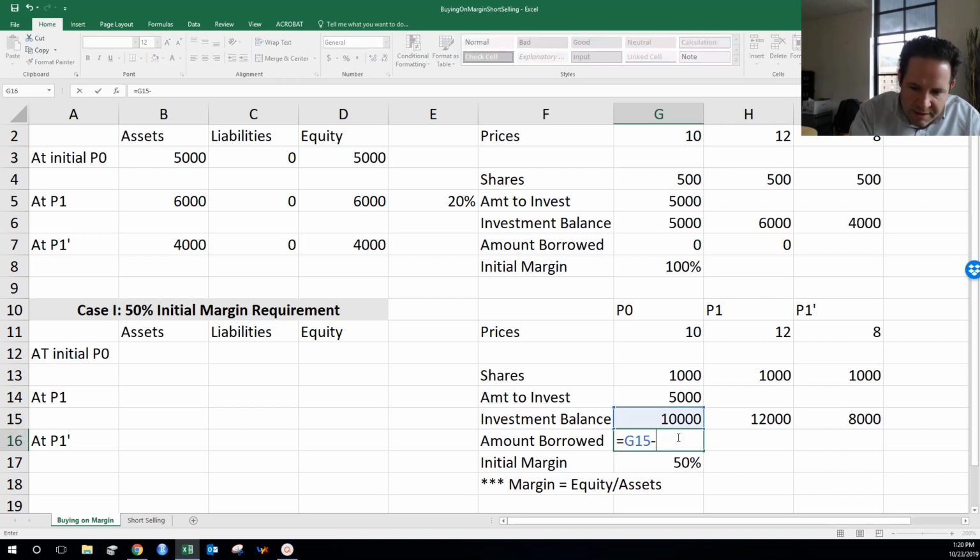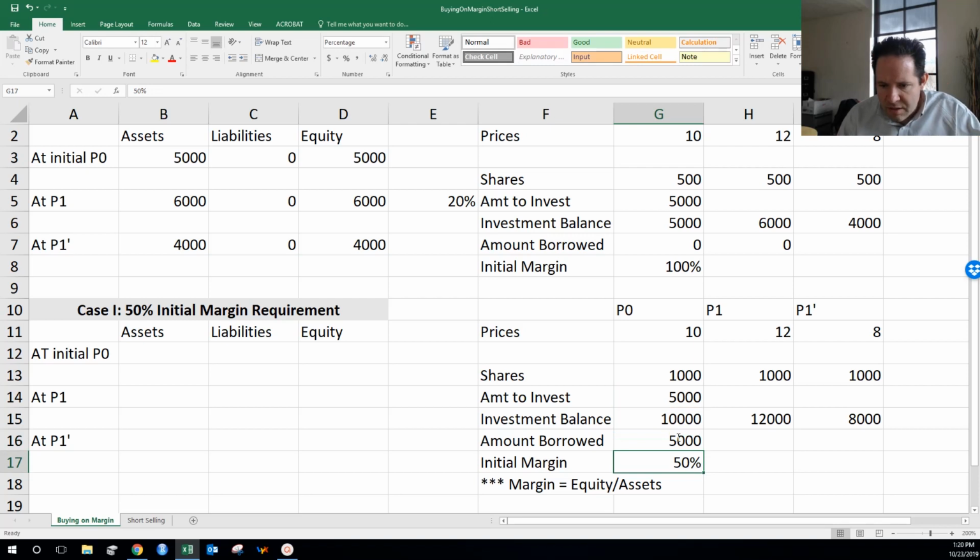You can borrow 10,000 minus 5,000. In this case of initial margin of 50%, you're able to borrow another 5,000 with the $5,000 in cash that you put up.